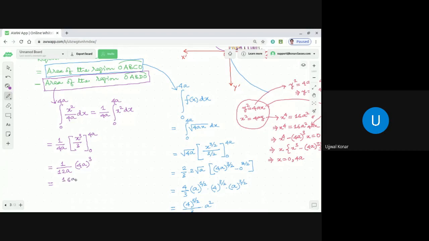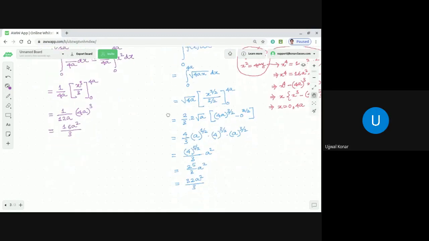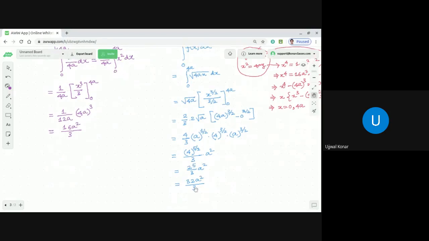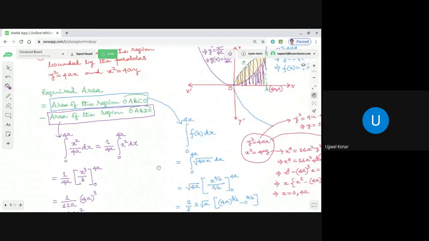It is 16a square by 3. Obviously, a is not equal to 0. That's why you are able to cancel a. Correct, no? So then what is the required area? 32a square by 3 minus 16a square by 3. Correct or not? Clear or not clear?